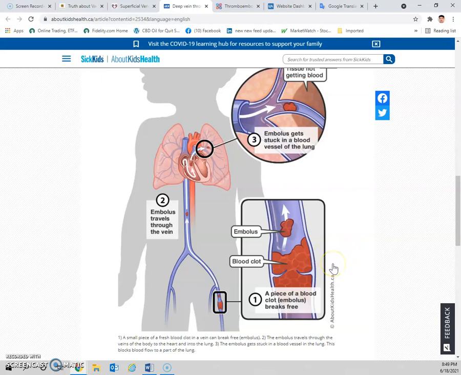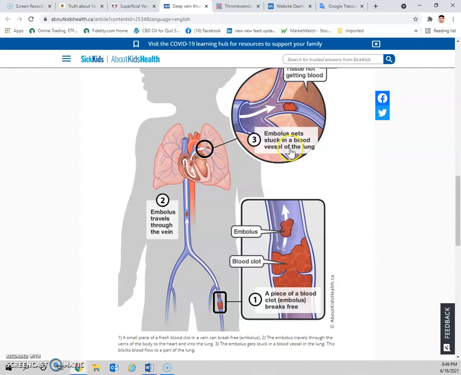Then the clot breaks free and travels through the veins to the heart and then into the lung.